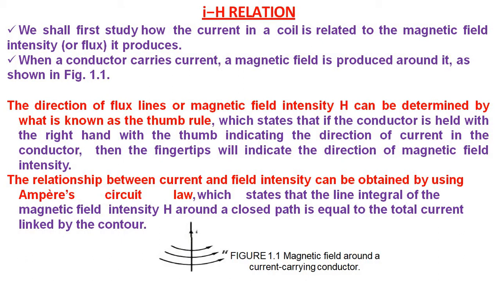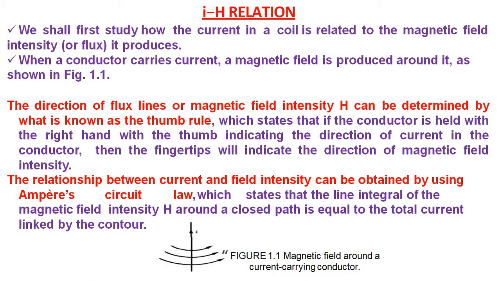The direction of flux lines or magnetic field intensity H can be determined by what is known as the thumb rule, which states that if the conductor is held with the right hand with the thumb indicating the direction of current in the conductor, then the fingertips will indicate the direction of magnetic field intensity.